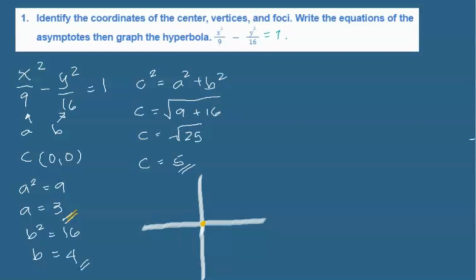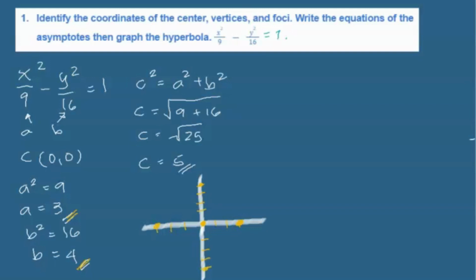So we need 3 units to the right and 3 units to the left. And our b value, which is 4, is under y squared, so we're going 4 units up and 4 units down.